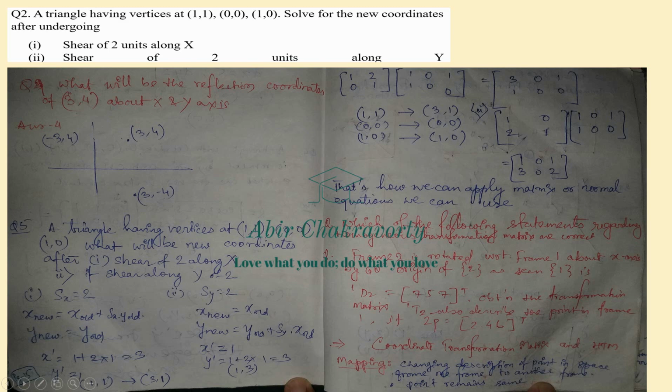So what do we find? The vertex 1 1 is changing to 1 3. The 0 0 vertex again remains unaffected, it remains 0.